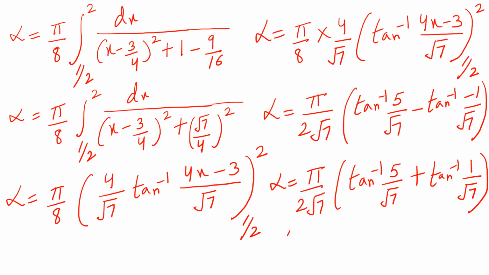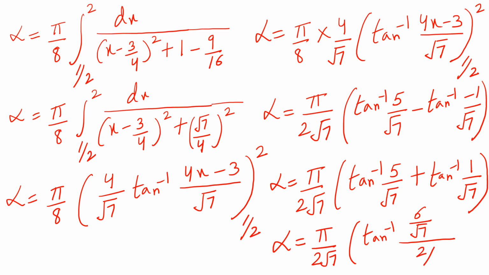So now alpha becomes equal to pi upon 2 root 7 into, inside the bracket it is going to be tan inverse of 5 upon root 7 plus 1 upon root 7, which is 6 upon root 7, whole divided upon 1 minus 5 upon 7, which is 2 upon 7.